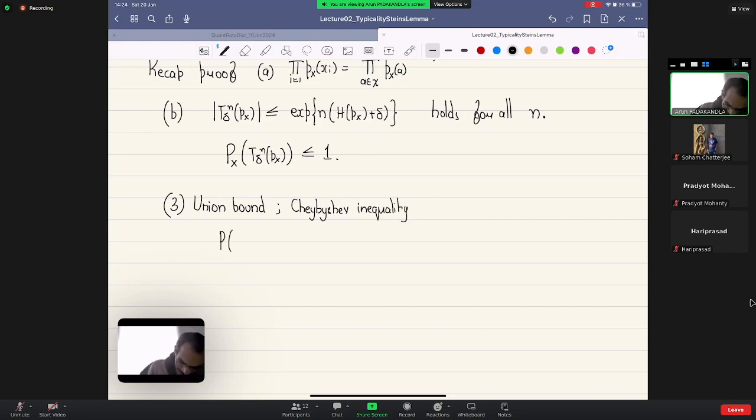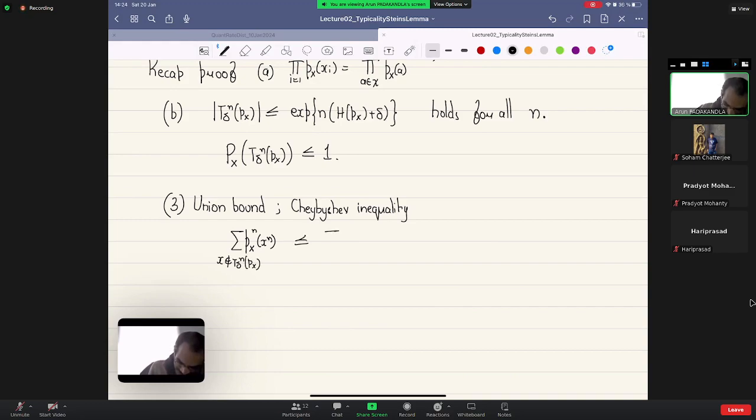So the probability that x^n does not belong to the typical set. That means at least one of them has deviated.